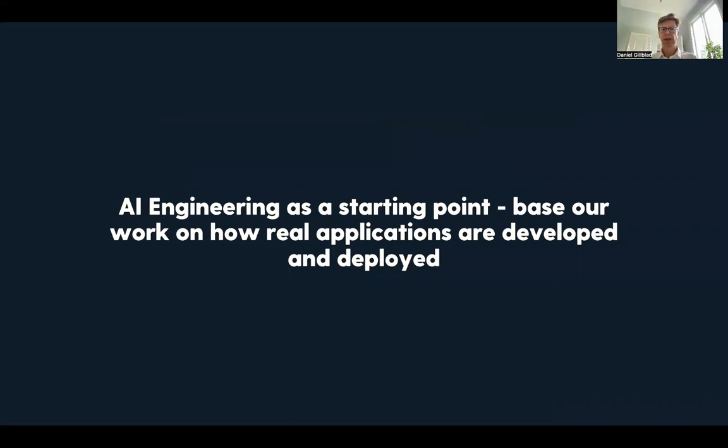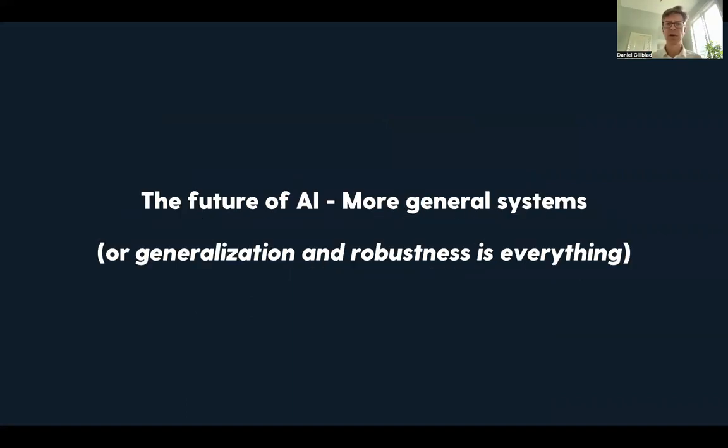So if we use AI engineering as a starting point, if we base our work on how real applications are developed and deployed, perhaps we can actually find really, really good focus areas for our AI and machine learning research as well, to solve exactly these kinds of questions.